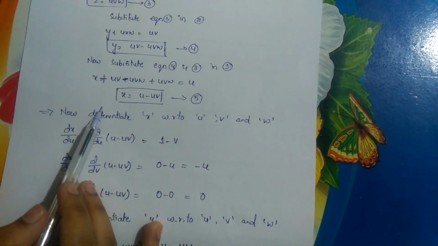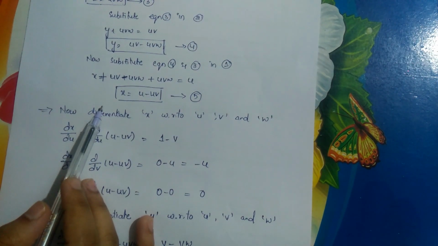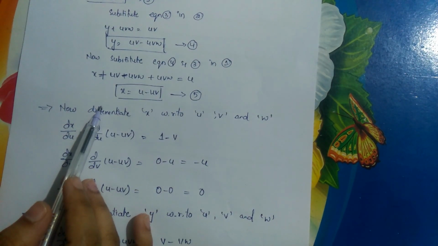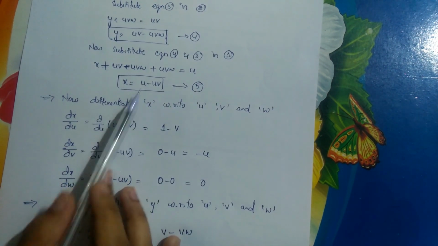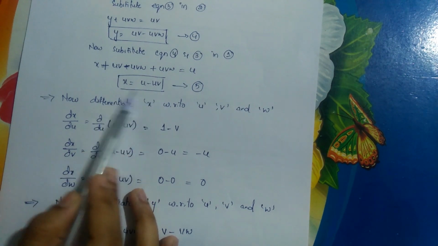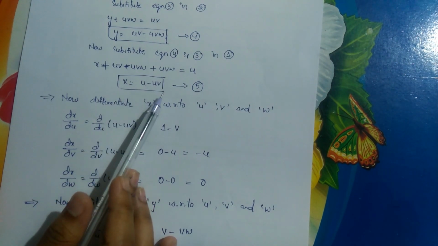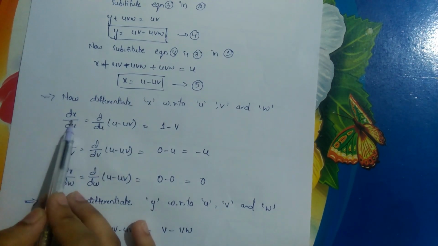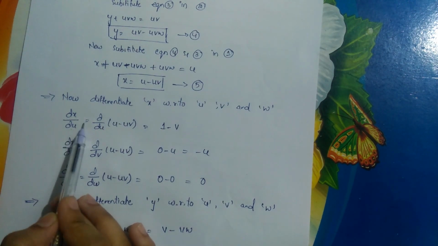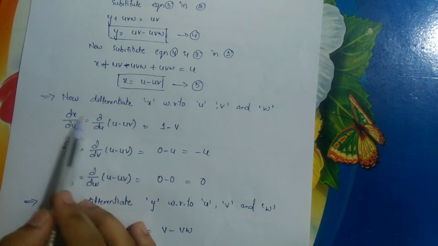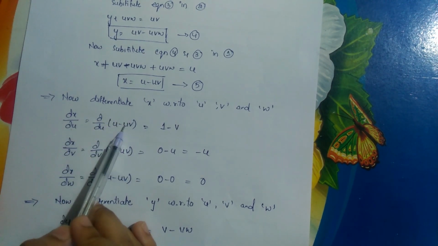Now differentiate all these x, y and z variables with respect to u, v and w. First take the x equation, and differentiate with respect to u, v and w. First we are differentiating with respect to u. That means ∂x/∂u equals ∂/∂u of u minus uv.